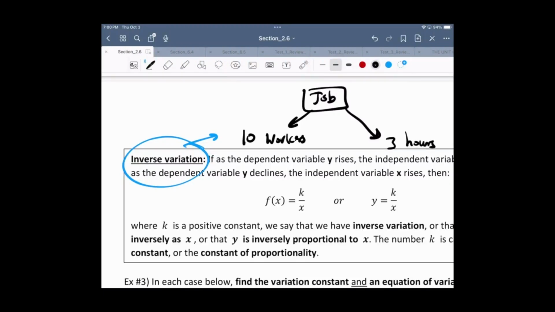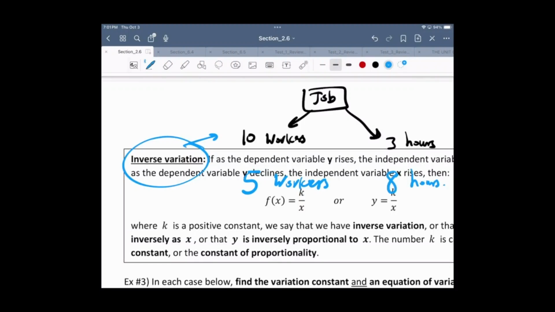What happens if the number of workers that you hire for this job drops? What if you have 5 workers working on this job now, not 10, but 5? Then the number of hours it takes to finish this job is going to increase. Maybe it's going to go to 8 hours now.